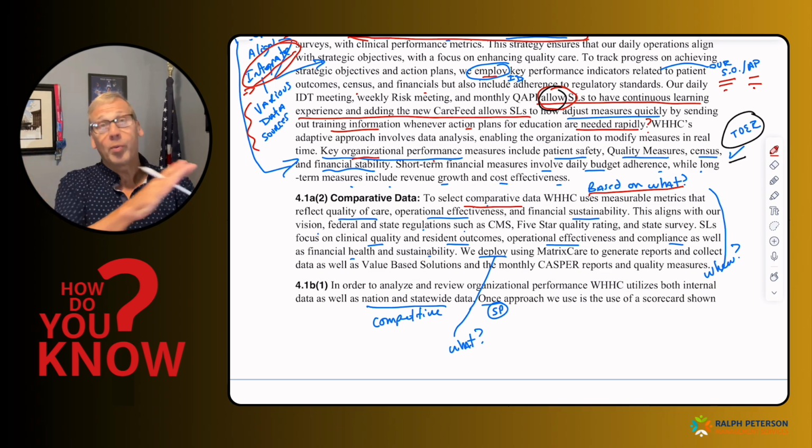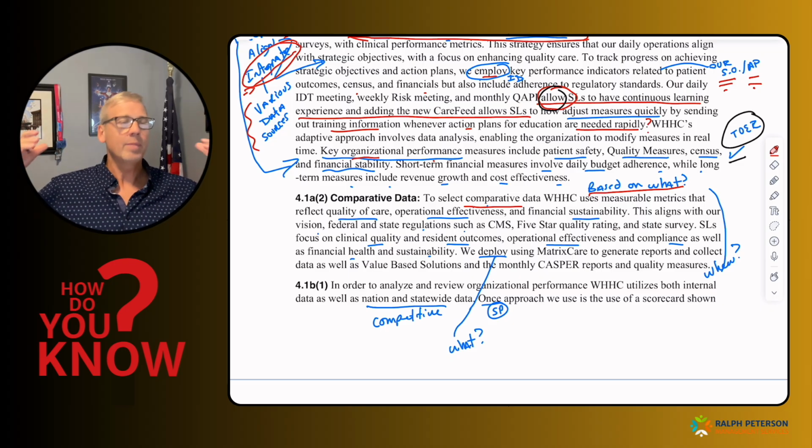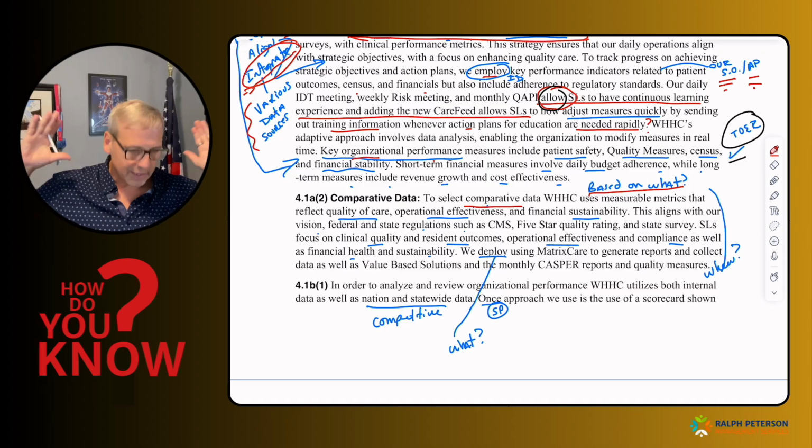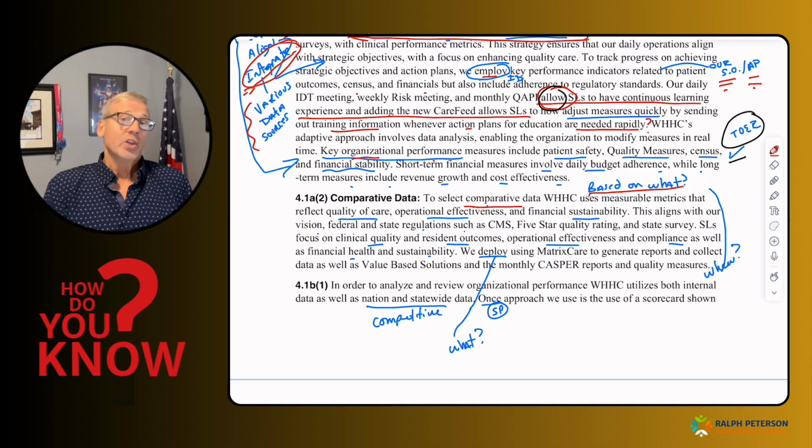This is all to support fact-based decision making. And that is an important point too, because at this level, we're not just shooting from the hip. We are analyzing our data, looking at our information, putting it all in context, and making good decisions based on those outcomes. You might also be selecting comparative data like state data, federal data, national data, or your local data.